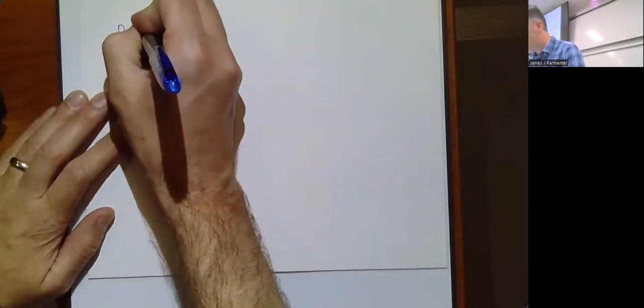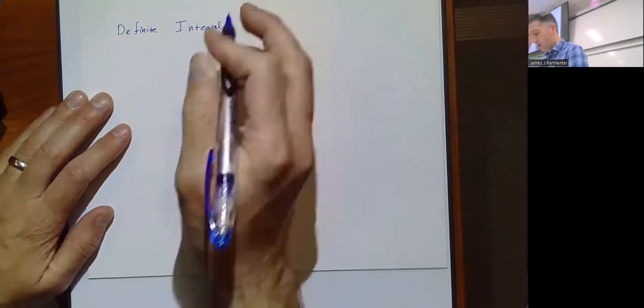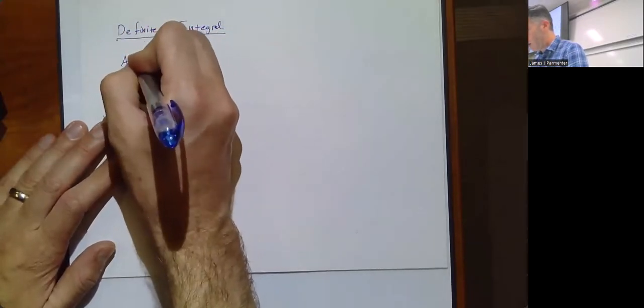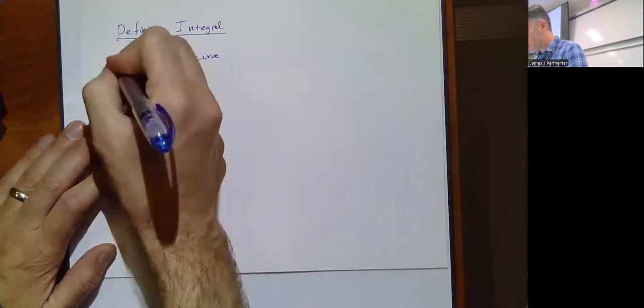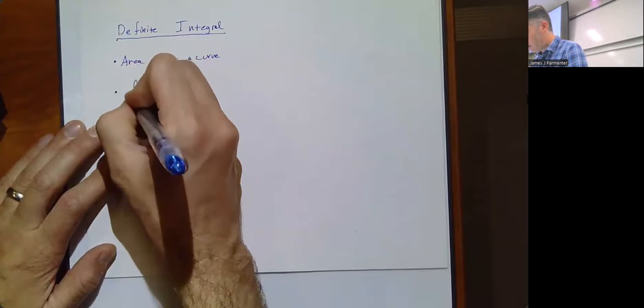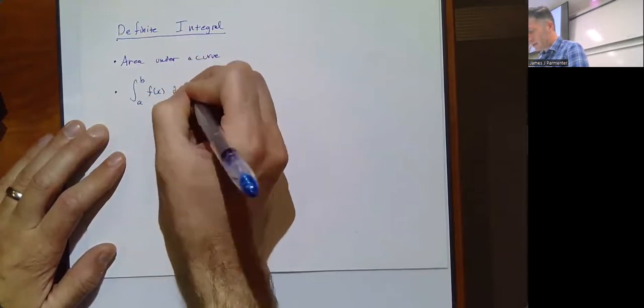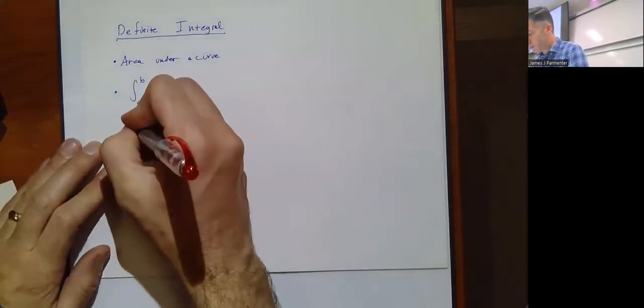Definite integral. You might want to write this down. The other stuff we'll come back to. The definite integral, you should think of as area under a curve. It looks like the integral from a to b of some function dx, where you have to have limits of integration.